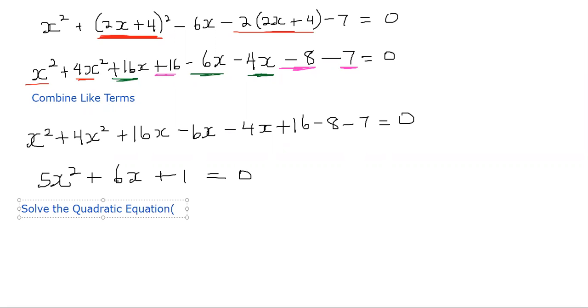The 3 different methods that we could use are factorization, the quadratic formula, or completing the square.